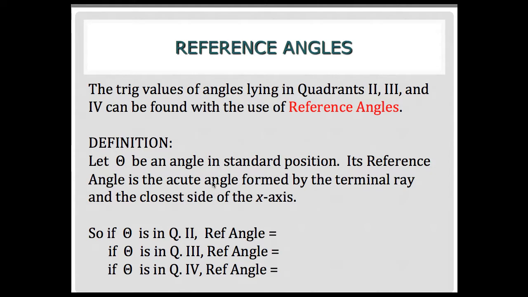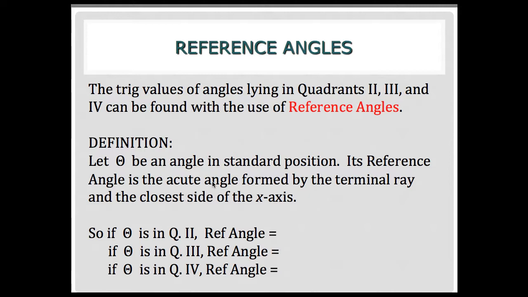Another important idea that feeds into being able to evaluate trig expressions, and when we say evaluate them, we're pretty much talking about in your head without the use of a calculator, is something called reference angles. When it comes to finding the trig values of angles that lie in the second, third, or fourth quadrants, we're going to do that by the use of reference angles.